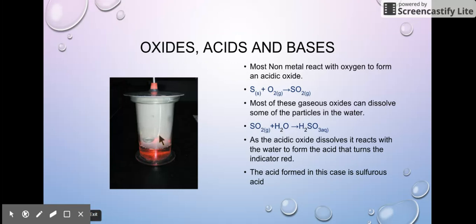That's, of course, universal indicator with water. And that's how we know that we've made an acid down here, because the universal indicator's turned red. Sulfurous acid is not red. It's just that you happen to have the indicator already in the water. And it is sulfurous acid because it's H2SO3, not H2SO4.